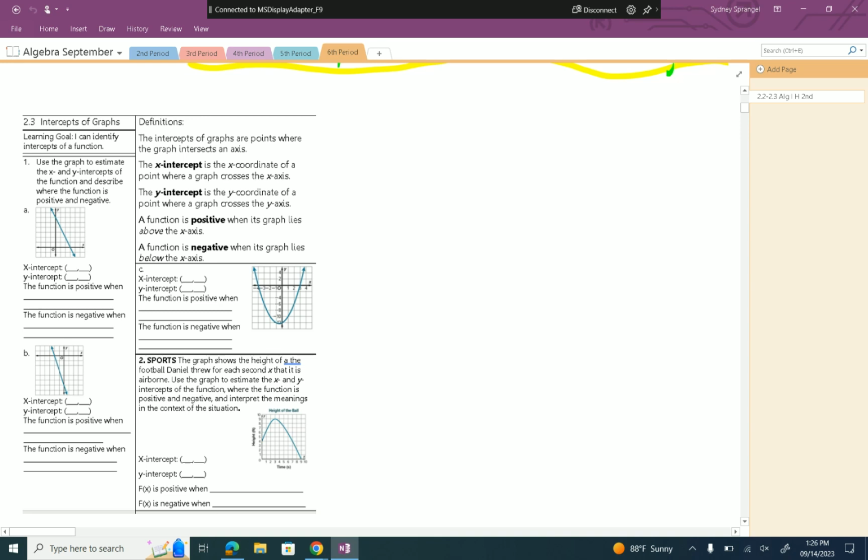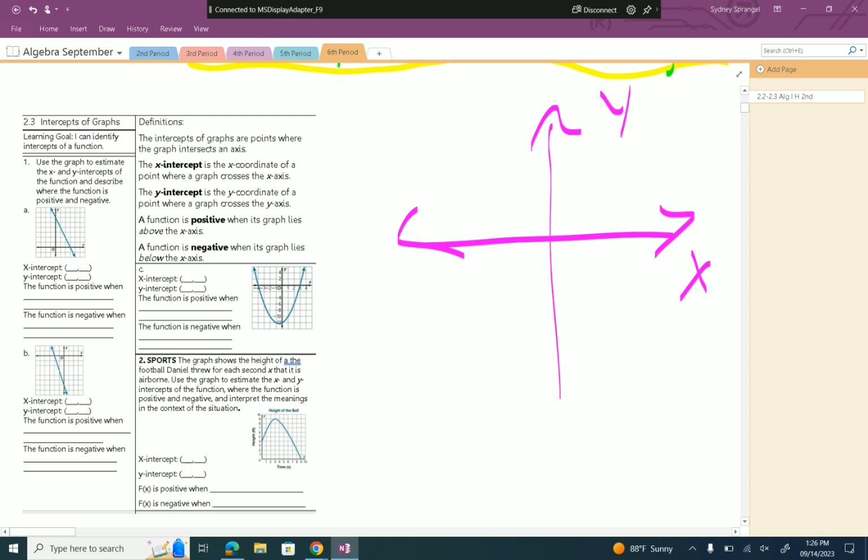So we've got x-intercepts and we've got y-intercepts. And Patrick said it's when it collides with something. So when it makes contact with something. So what do we think an x-intercept is going to be? Is that going to be colliding with the x-axis or the y-axis? X-axis. So if I've got some kind of graph, just do a line. If I've got a line like that, my point where I intersect x, right here, that would be my x-intercept.